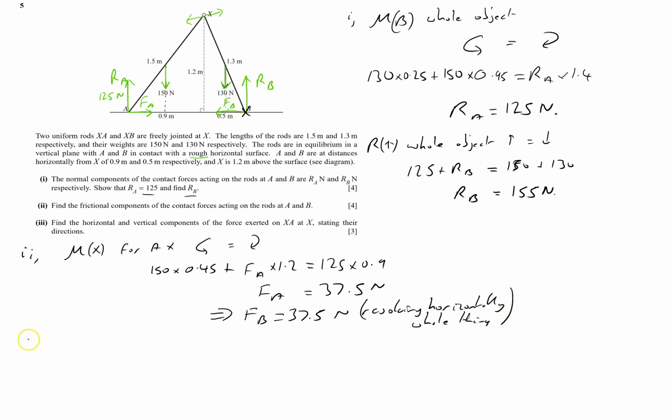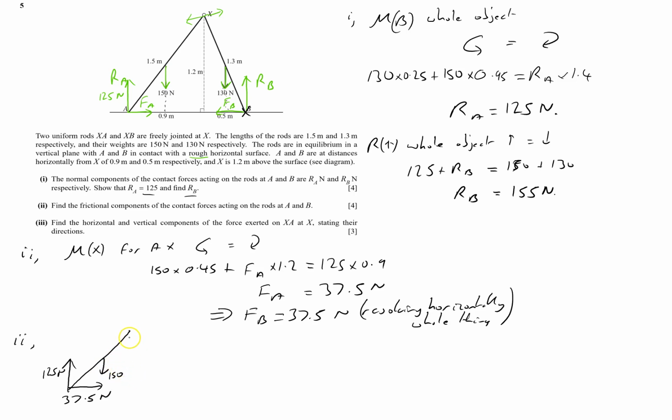And now the third thing we've got to do is find the horizontal and vertical components of the force exerted on XA at X. So if I look at AX, it goes like so, and this one has 125 newtons upwards, and it has 37.5 newtons acrossways, and we've got this bit coming down here, it's 150 newtons going down.